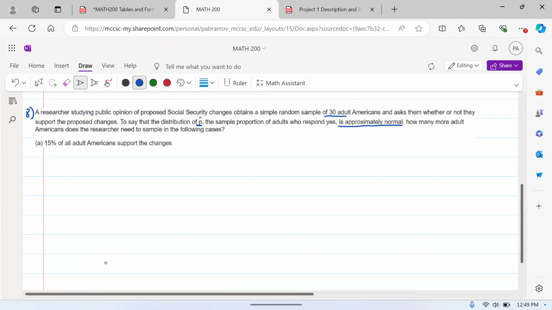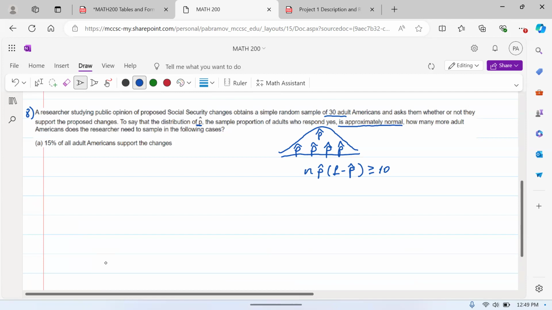So we have a distribution of many different sample proportions, and we want to make an assumption that this distribution is normal, but we cannot make that assumption yet. To make this assumption, we have to follow the large counts condition, which is n times p hat times 1 minus p hat should be greater or equal than 10.